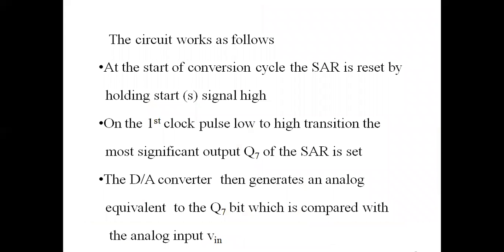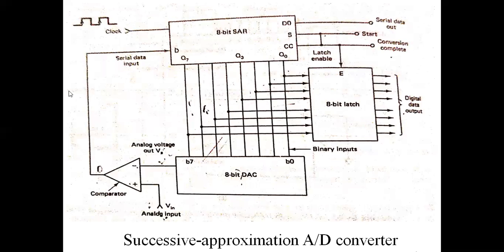The procedure for the successive approximation analog to digital converter is as follows. At the start of the conversion cycle, the successive approximation register is reset by holding the start signal high.